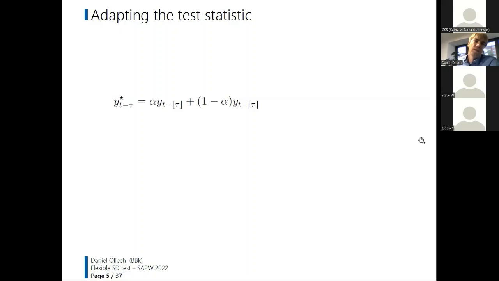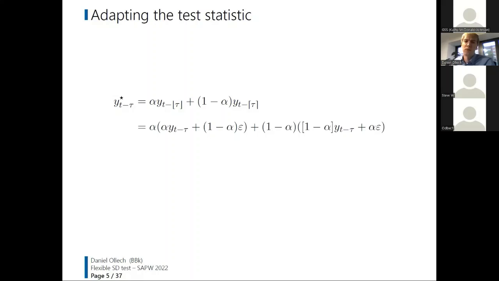So the unobservable observation at T minus tau, where tau is the seasonal frequency, for weekly series for example 52.18, can be a combination of the observation Y at T minus the floor of tau, so 52, and Y at T minus the ceiling of tau, so 53, using some weight alpha.